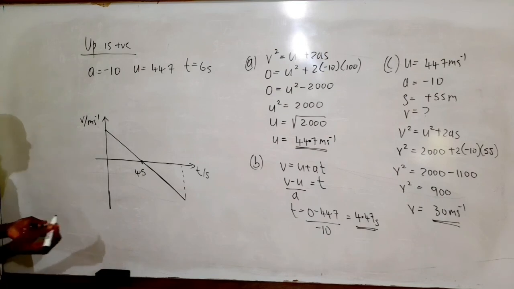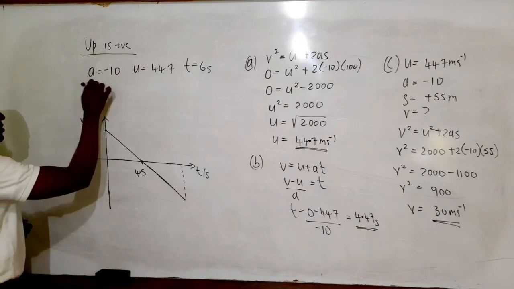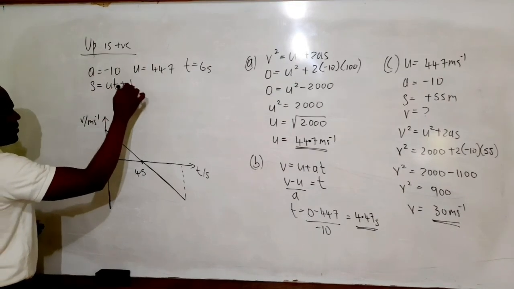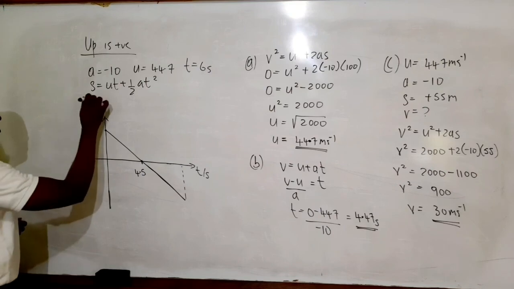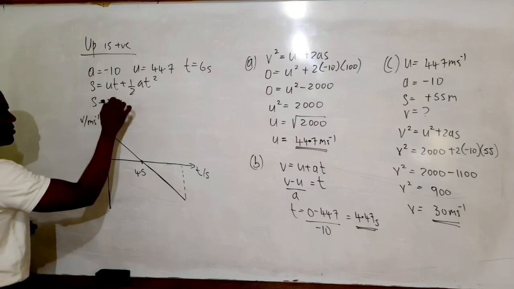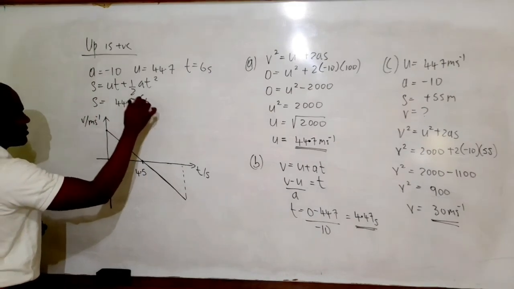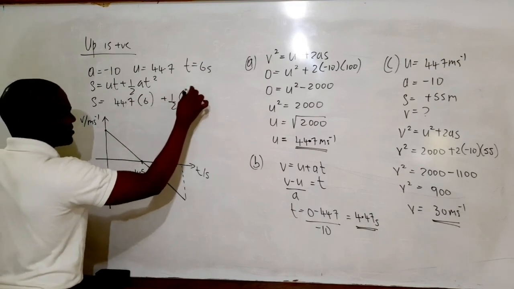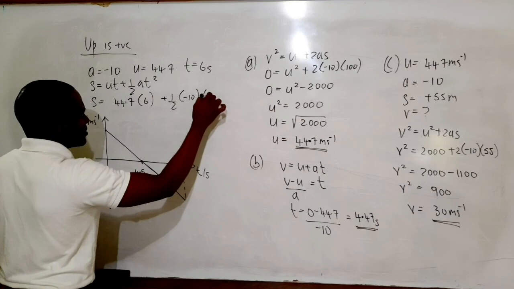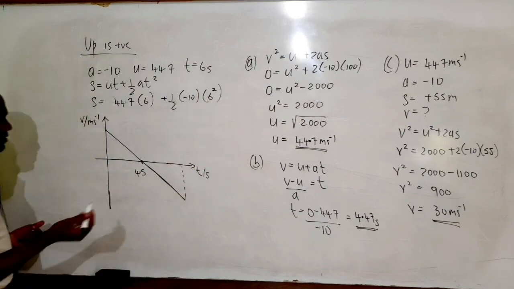So S is equal to UT plus a half AT squared. And so we have S is equal to 44.7 times 6 plus a half times minus 10 times 6 squared. For ease of calculation, I'll just round this to 45. Makes it easier to work with.